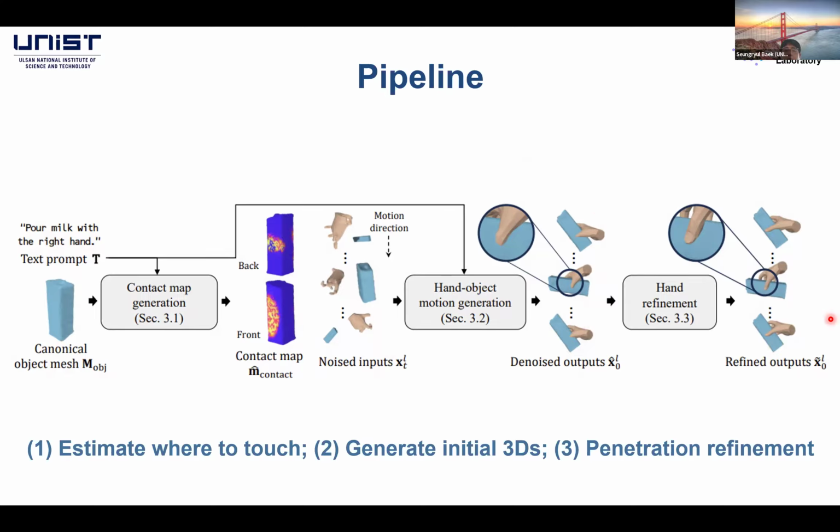And then also refine them using physical plausibility. This is the same as before. Previously, we mapped RGB information to the MANO parameters, but here we are mapping text and object signals to the MANO parameters. Okay. We use the mean shape, but only estimate the pose sequences.